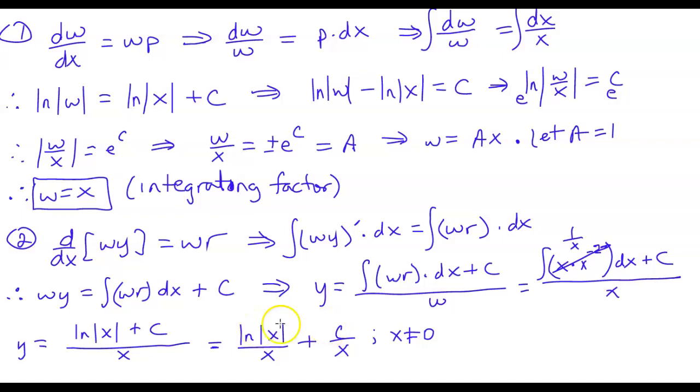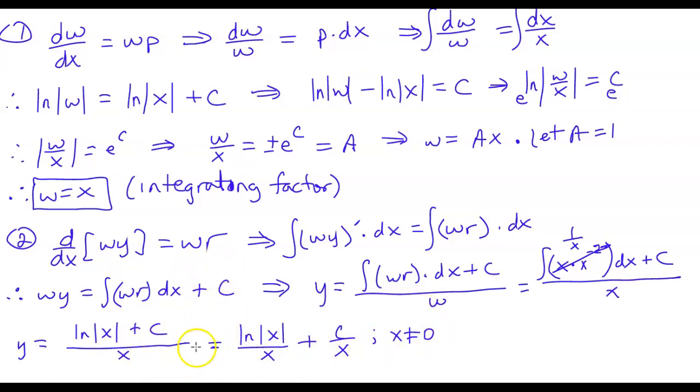If there was some way for us to either know through the context of this problem, if it was part of a word problem, or some other way where we just knew that x was greater than 0, then of course the domain, or the intervals of interest for this particular solution would just be all positive values of x. But since we don't have that information, the best that we can say is that the only real number that's restricted is 0 from using it in the solution here.